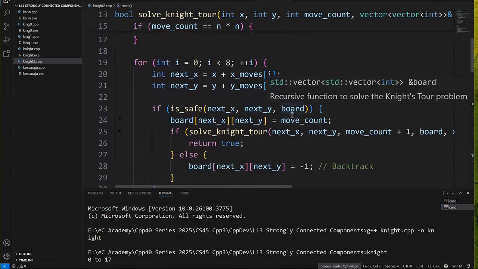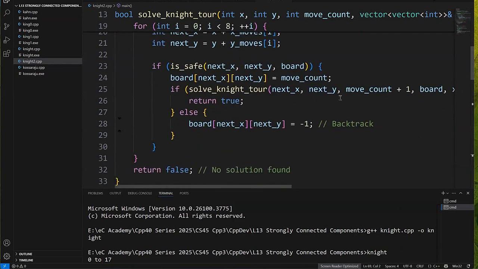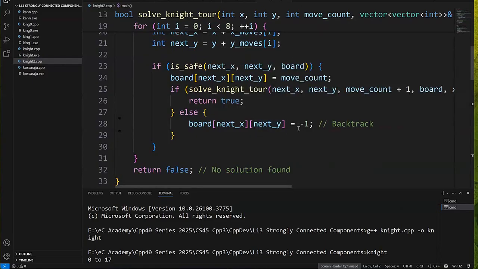If it is inside the board, then you actually can add the counter, number of the counter to go to that destination. And then you actually should go to a certain node with a shorter number of steps. And if you pop out a certain stage, you will reset that location to be -1.